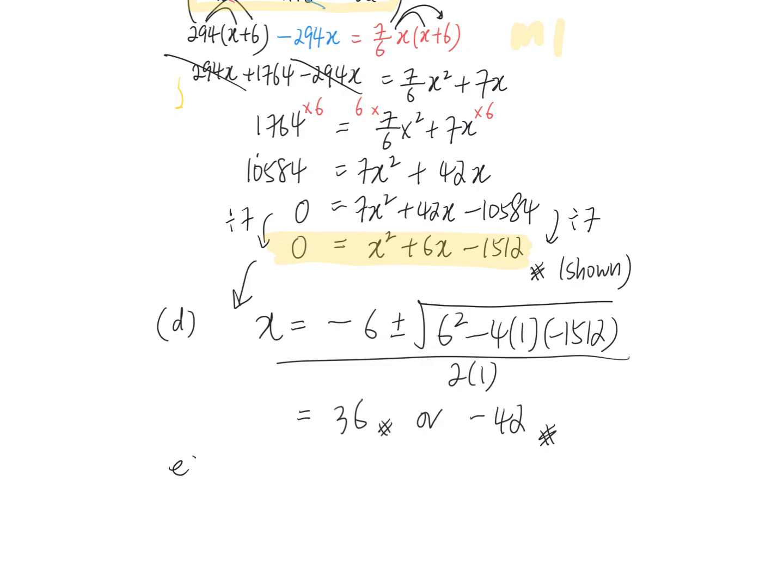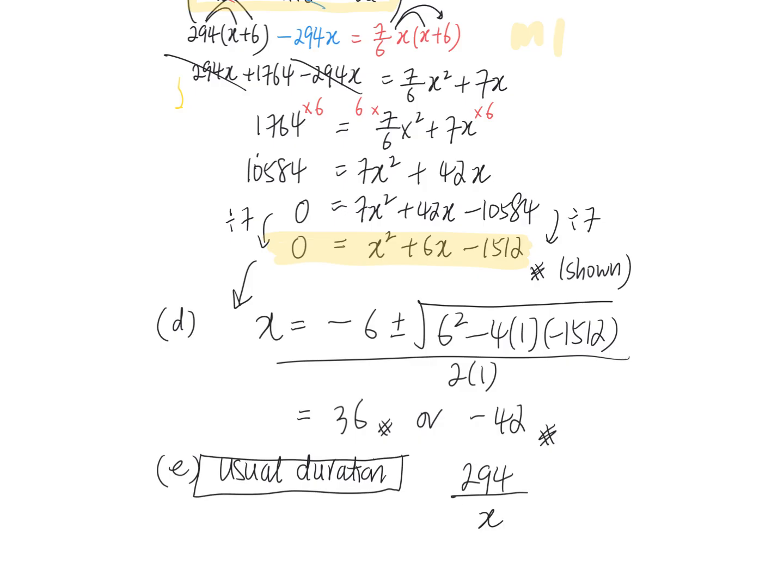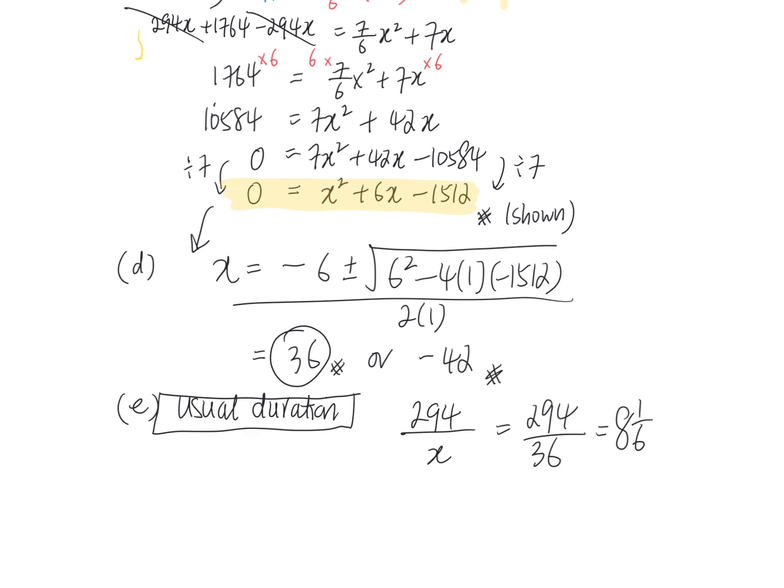Okay, part E, they say for the usual duration. Meaning, if there is no increase in the speed, the usual duration we know is this one. So you just have to put in your correct value 36 and then calculate. Okay, you get this 8 and 1/6. But they say leave your answer in hours and minutes.